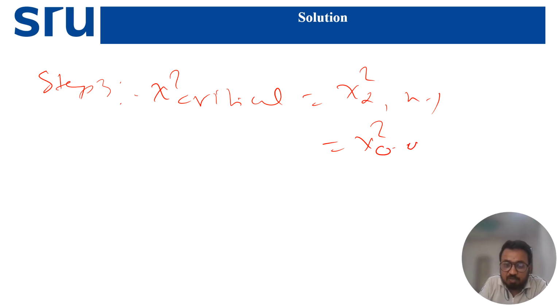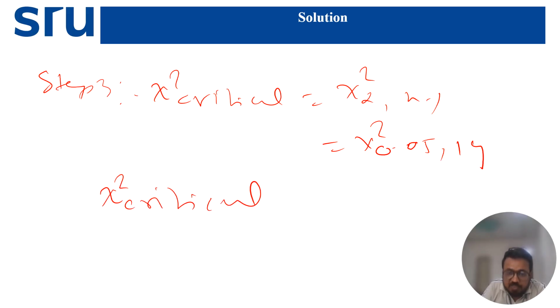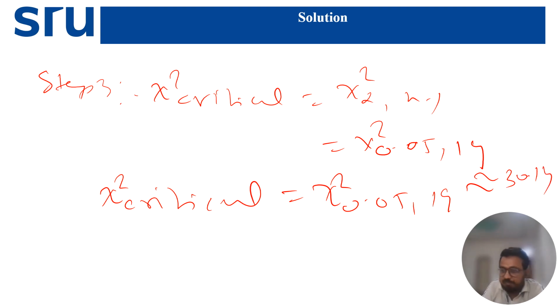So this is 0.05, and n is equal to 20, so n minus 1 is equal to 19. From the chi-square distribution table, we can find the chi-square critical value, that is chi-square 0.05, 19, which is equivalent to 30.14. Okay.